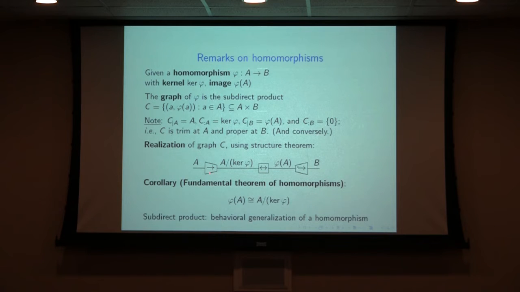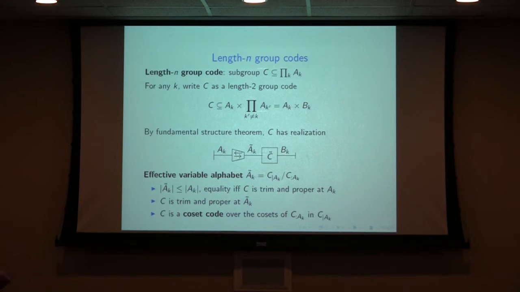And that's indicated by these arrows in the natural map and inclusion constraints. A subdirect product is more general. It's behavioral. It simply says there is some joint constraint on A and B which has a group structure or a linear structure. And I think this illustrates very well why behavioral system theory is more general than input-output system theory. So I'm totally bought into that.